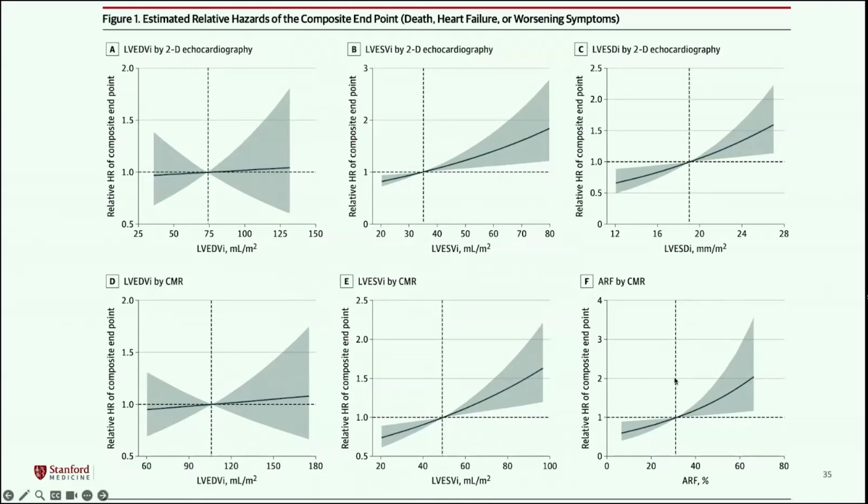And then an aortic regurgitation fraction of more than 32%. So once again, the MRI-specific threshold for severity is probably lower than that 50% that we have on echo. And so there's probably a modality-specific threshold that we should be using.